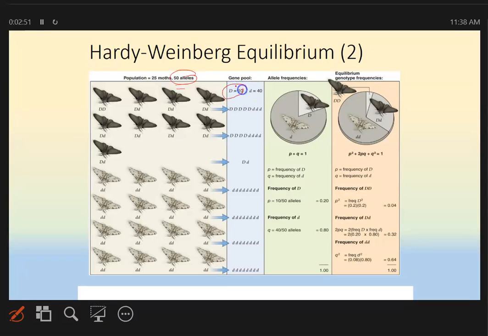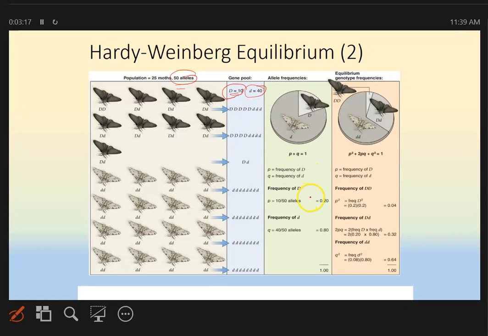You count the number of uppercase D's, that's the dominant, and the recessive gene, lowercase d, that's 40. For example, this will be 2 uppercase D's, 1, 2, 3, 4, 5, 6, 7, 8, 9, 10. Therefore the dominant allele, uppercase D, is 10.